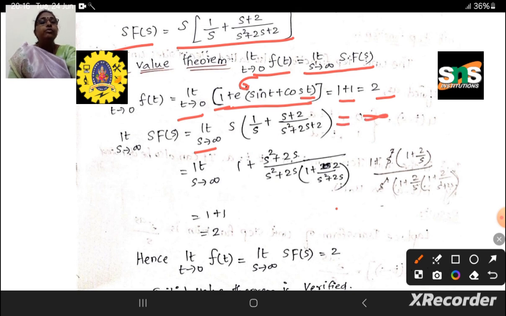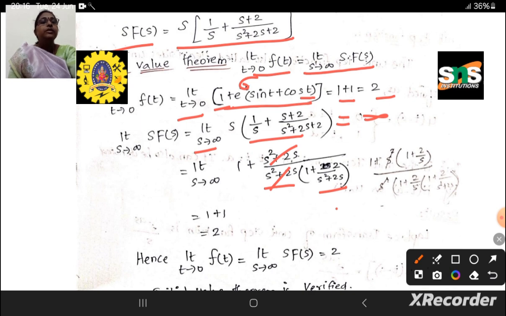So here combining these two and multiplying by s, we got this condition. So s square plus 2s, you take it as a common term, the remaining you will get is 1 plus 2 divided by s square plus 2s. After this we can cancel the numerator and denominator, and also we got the condition 1 plus 2 divided by s square plus 2s.